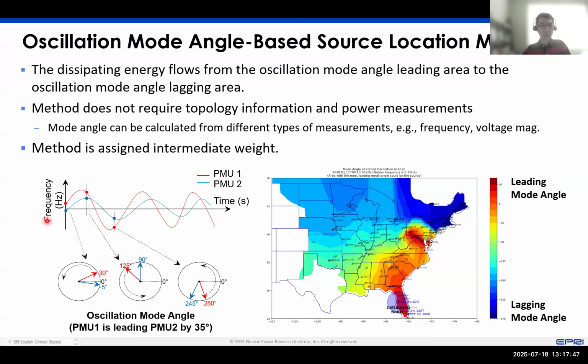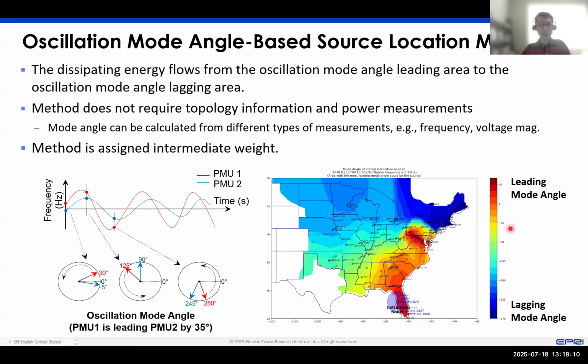Based on the measurements, say either frequency or voltage magnitude, we can calculate the oscillation mode angle at different locations. For example, in the figure at the bottom left, the oscillation mode angle of PMU1 is leading PMU2 by 35 degrees.